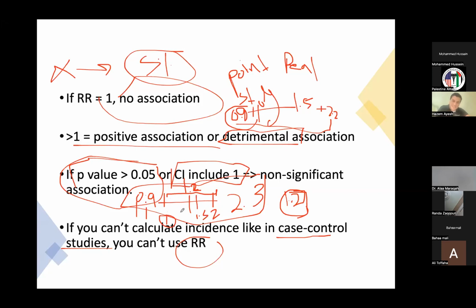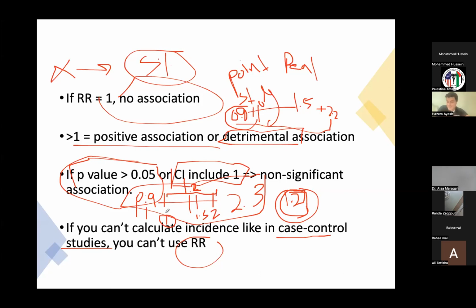So if it can be 1, that tells me it can be no association. And if it can be no association, then you cannot conclude that the relative risk, or the exposure, is associated with more outcome. You cannot say that because your real value can be 1.